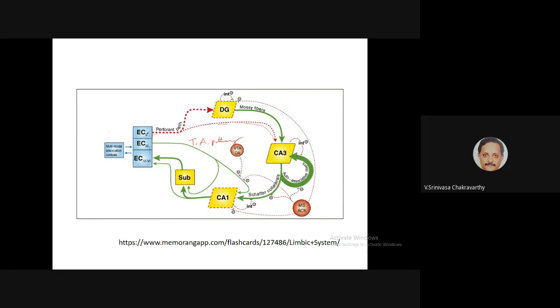So there are 6 layers, 1 is the most superficial, 6 is the deepest. So from superficial layers, outputs of EC go into the hippocampal fields, and the deeper layers receive the feedback from the hippocampal fields, and these deeper layers then send feedback back to the higher order cortical areas.